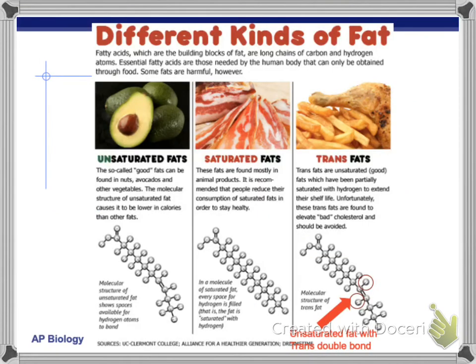So here you can see in this picture, this is a trans double bond. You guys see how the hydrogens are located on opposite sides of each other, whereas in this unsaturated fat, those hydrogens are on the same side, okay? And that helps straighten out that fatty acid.